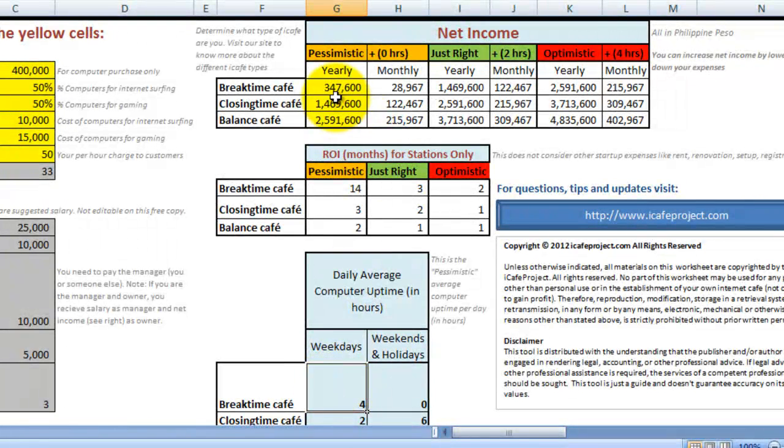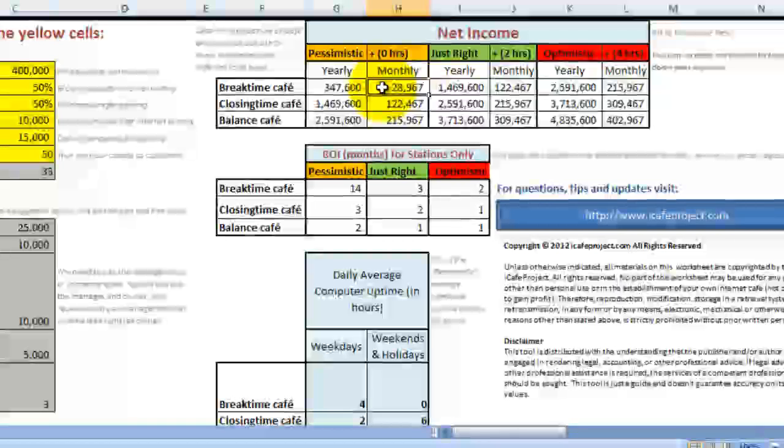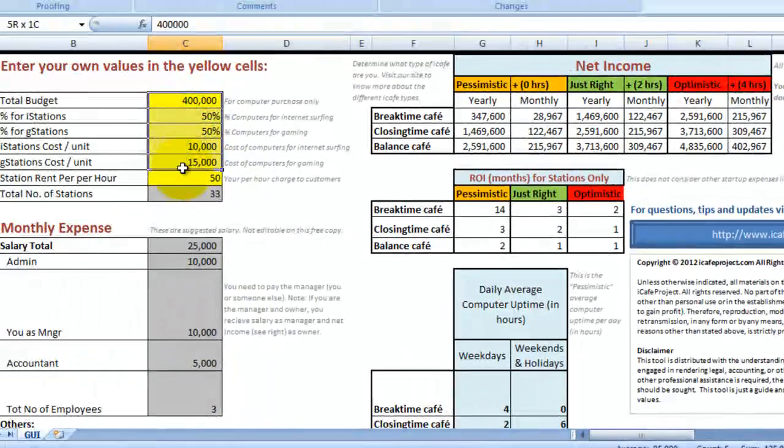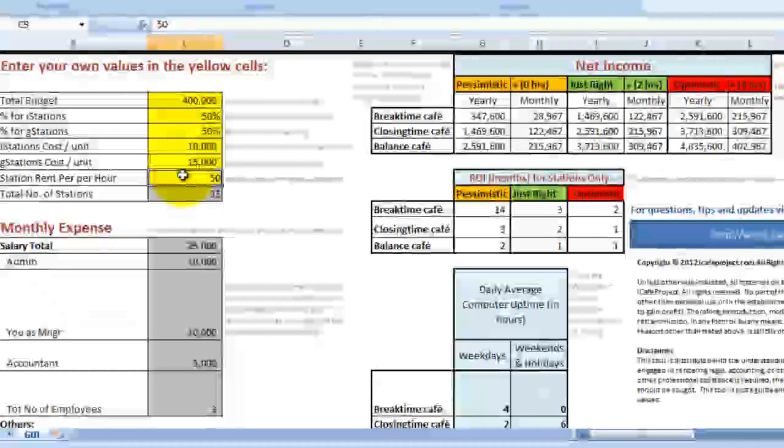So for a break time cafe, your monthly expected income will be around 28,967 with these values. Okay, if you are able to dictate 50 pesos per hour, good for you.